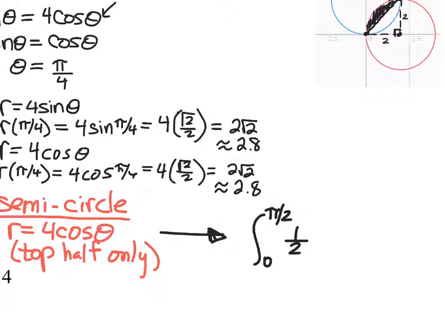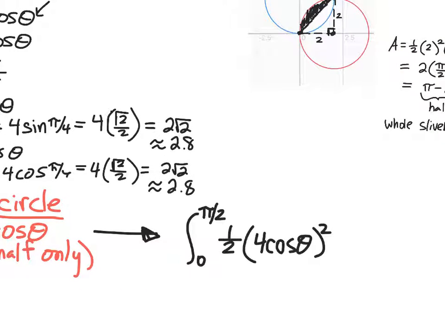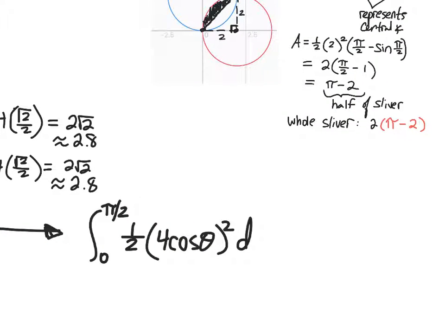One half r squared d theta, my r is 4 cosine theta, d theta. Clean it up a smidge if you want, but this one I think you could probably just type in. I don't think the effort spent on cleaning it up is going to save you too much time.